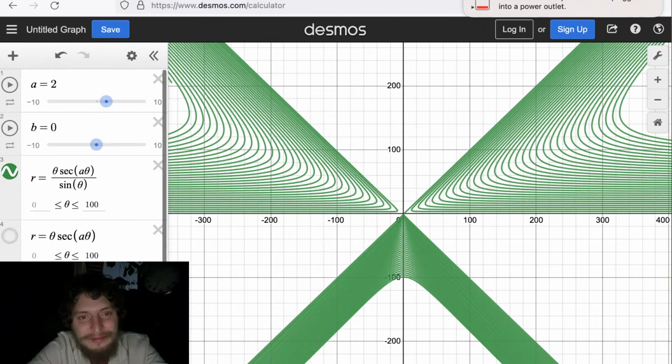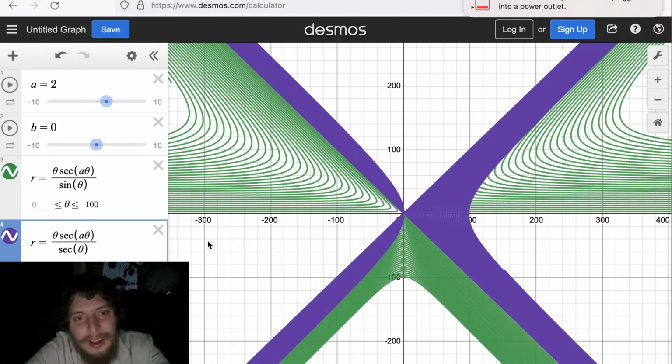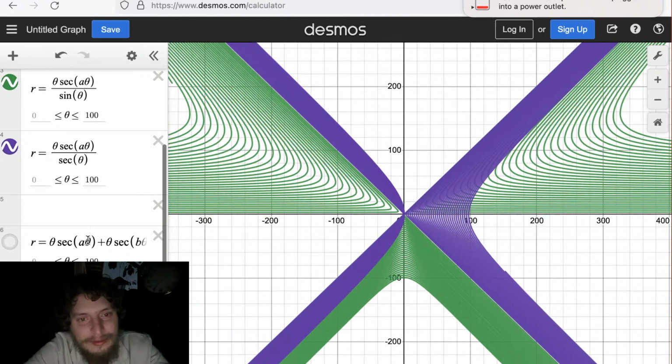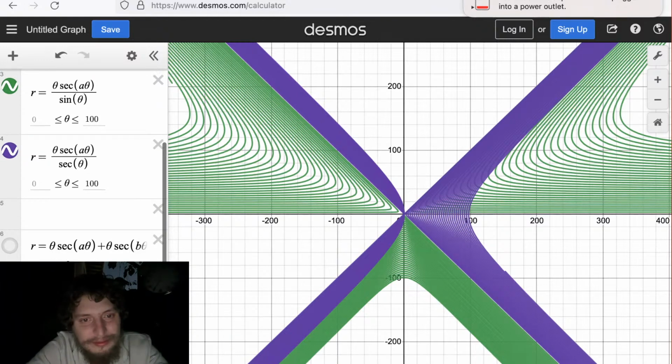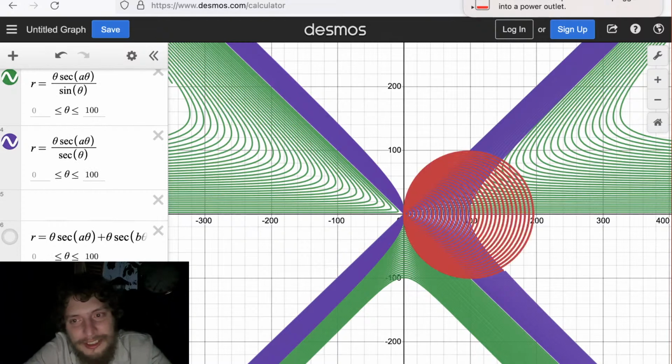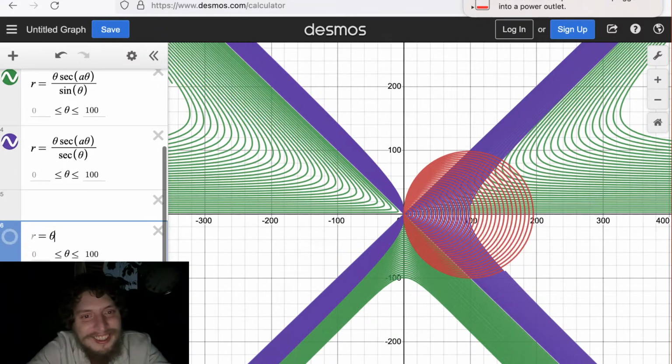And then we're going to try sine over sine. And sine over secant is the other one.